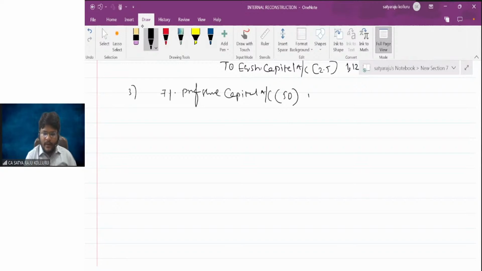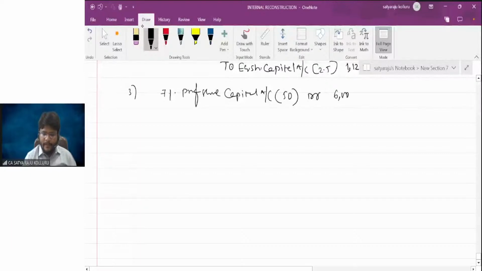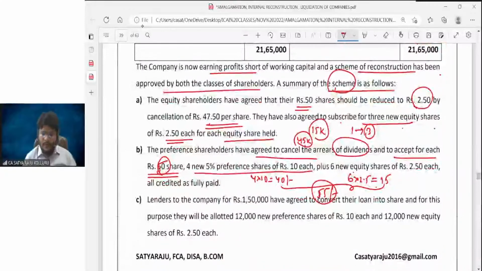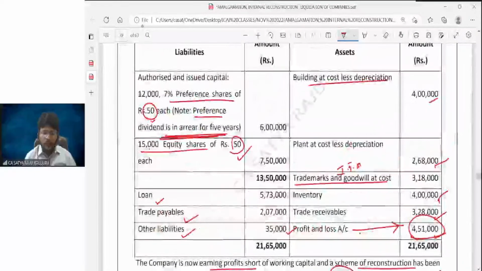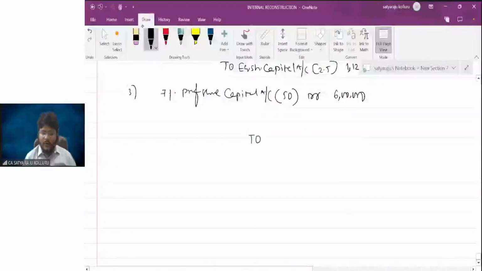Face value 50. How much, guys? 12,000 shares are there. 12,000 into 50 equal to 6 lakhs. Now we are issuing for every one preference share, 4 new preference shares. So total we are having 12,000 preference shares. 12,000 into 4 means 48,000.